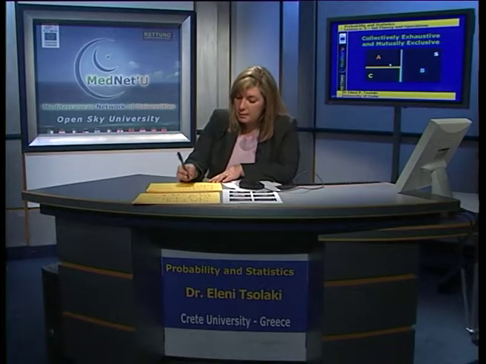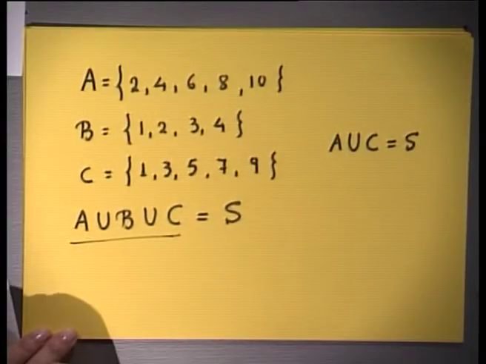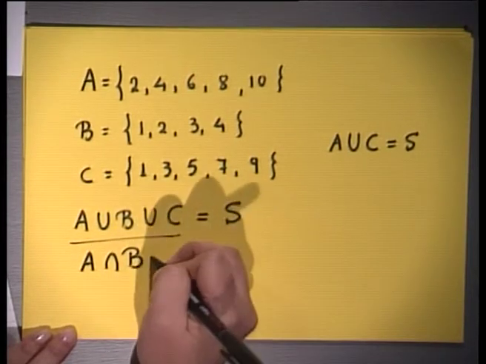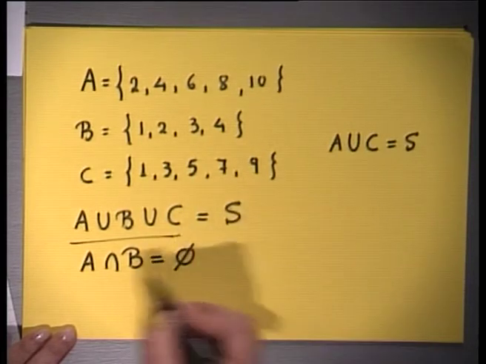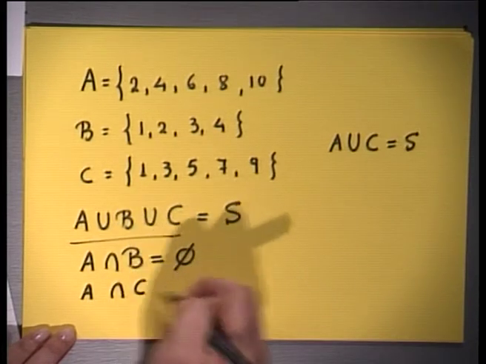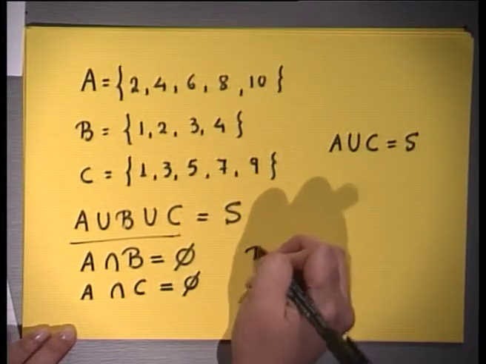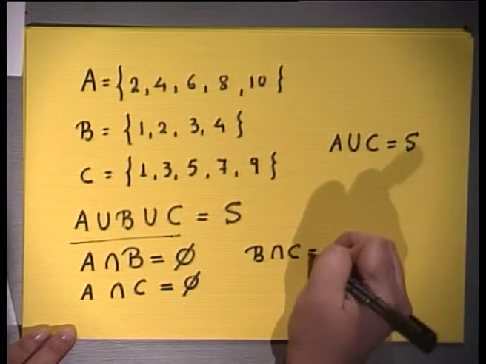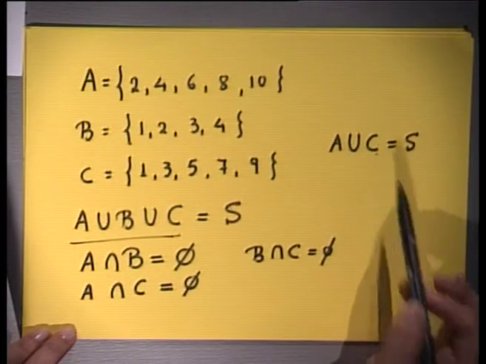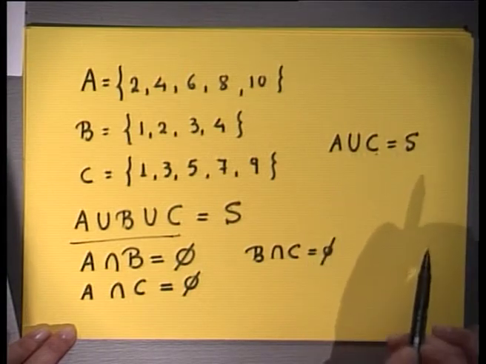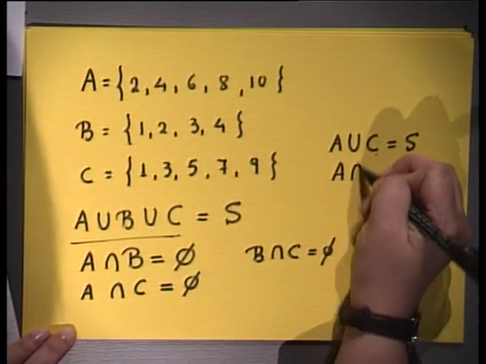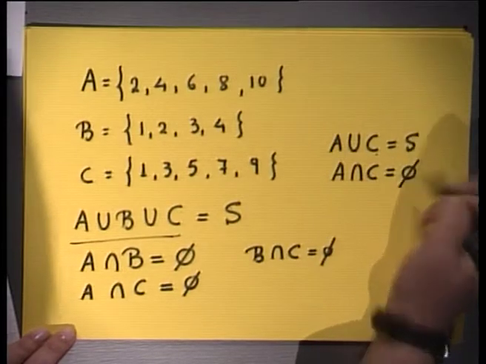In this case, we have again, as we said, that the union makes S, but also the intersection would give the empty set between A and B, between A and C, and between B and C. In our previous example, A and C are collectively exhaustive and mutually exclusive, as their union makes S, and their intersection is the empty set.